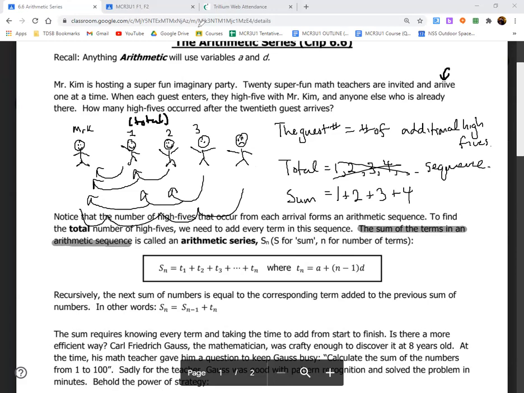So before, we used the formula a plus (n minus 1)d to figure out what the number was. Now, after we find all the numbers, we have to add them. How are you going to do that? Well, you're stuck. We might be able to think about a creative way.